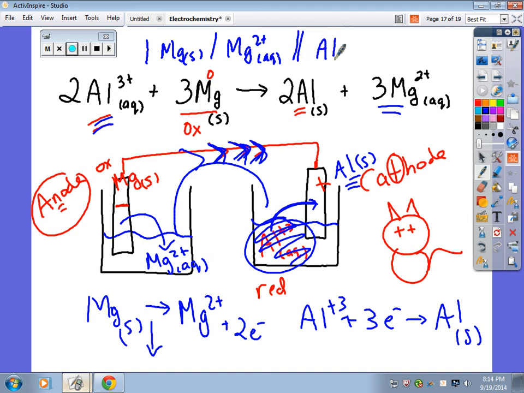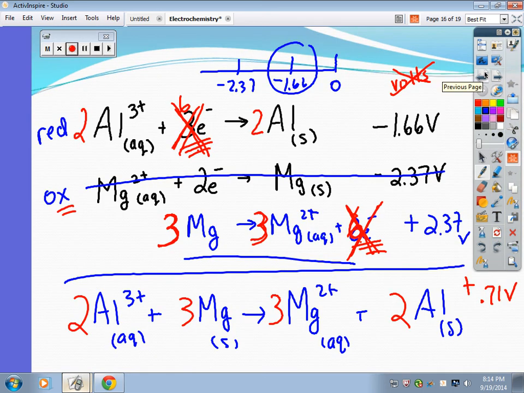And then in my beaker, I have aluminum 3+ ions, and an aluminum solid electrode, which is a cathode. And if you noticed, I do not put the balanced equation coefficients in here. This is simply telling you if you get a strip of magnesium and put magnesium 2+ ions, and aluminum 3+ ions and aluminum, you will have a cell that produces a voltage of 0.71, and it's spontaneous because it's positive.